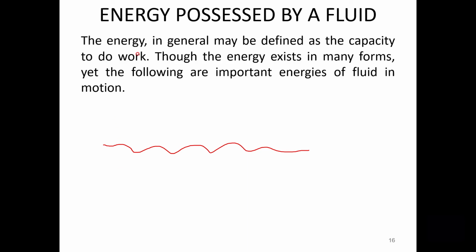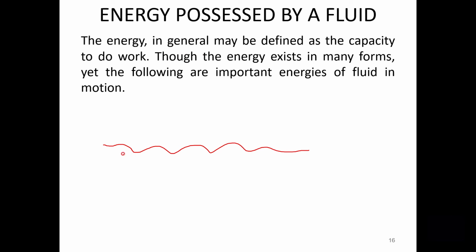Okay, next. The energy possessed by the fluid, meaning whenever the fluid starts flowing, what are the energies it possesses? Energy, as we know, in general may be defined as the capacity to do work.